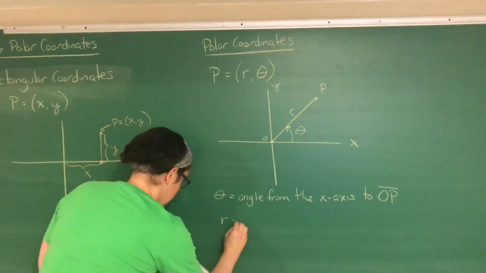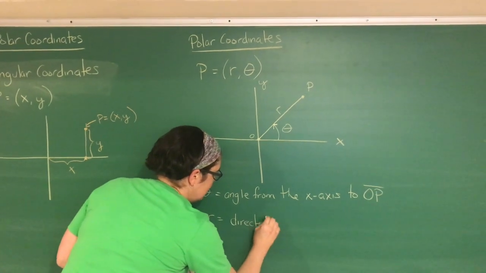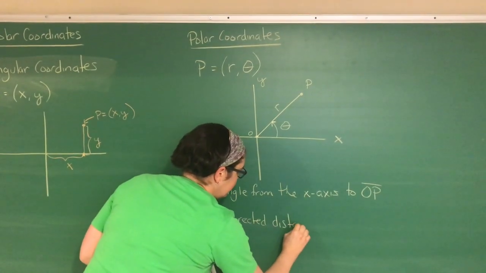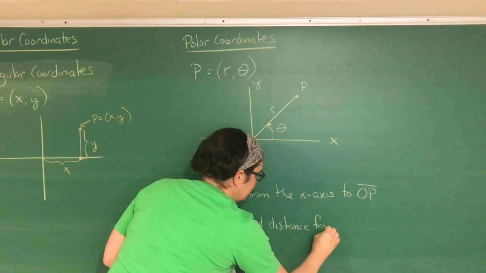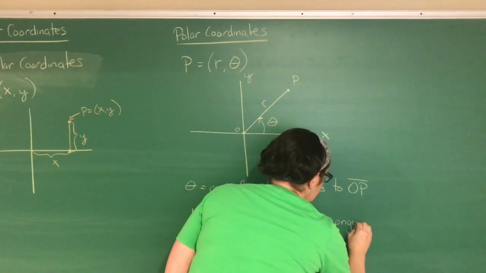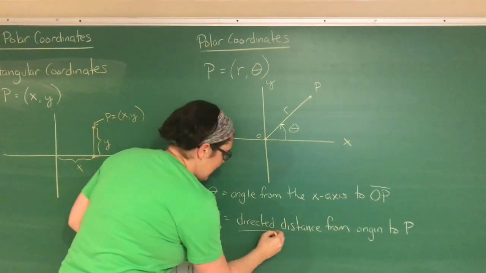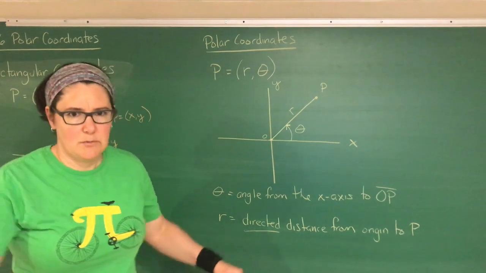And r is what's called the directed distance from the origin to the point P. And we'll talk about what this word directed means as we look at some examples.